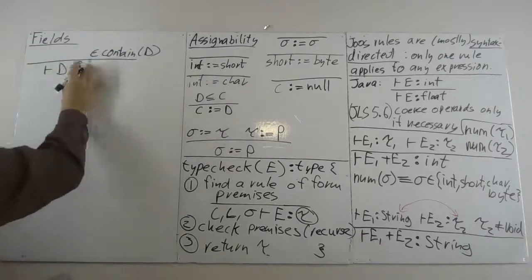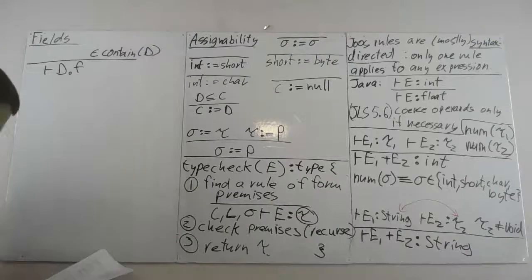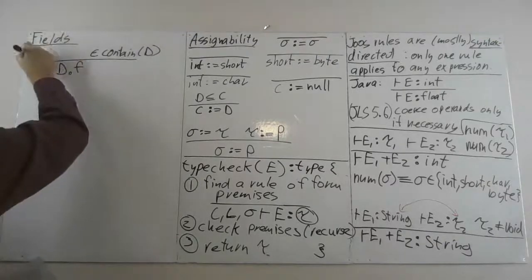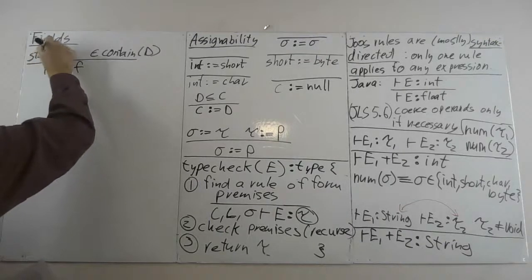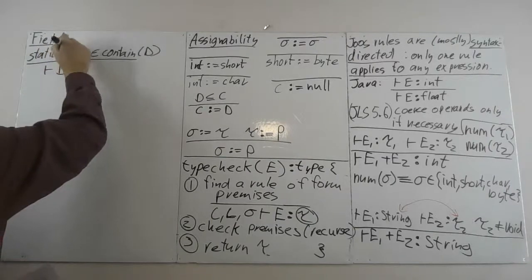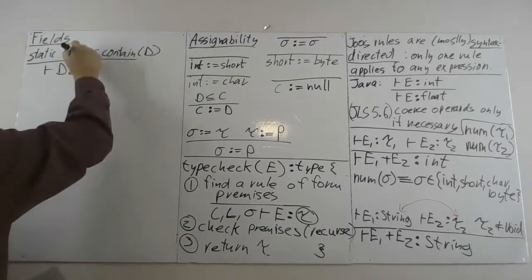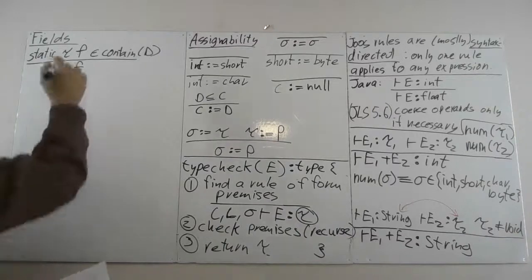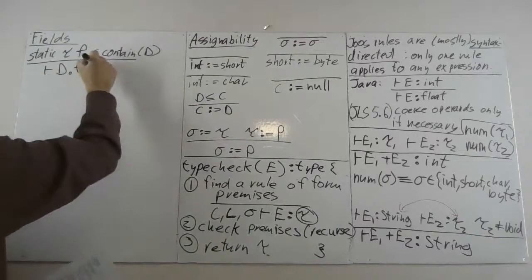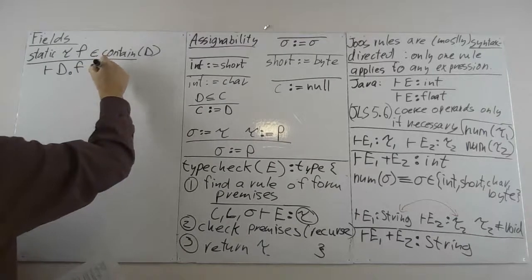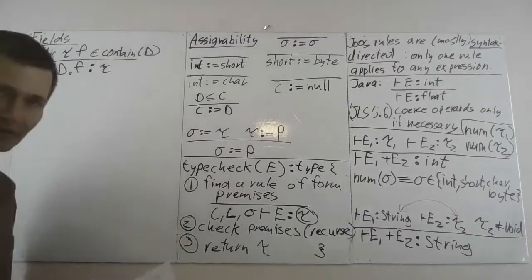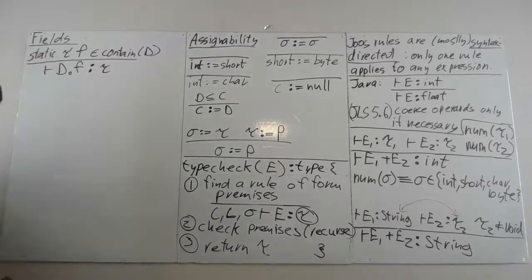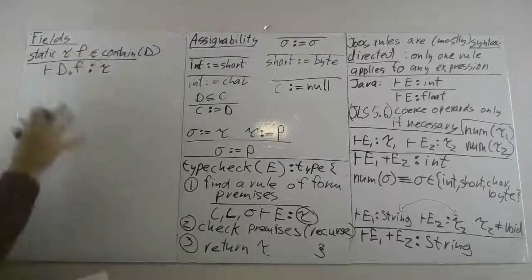So you're looking for a field in D named F, and it had better be a static field. You want a static field with a type declaration and the name F, and if you find that field, then the declaration tells you the type. So the type of the read is tau. All right, so that's for a static field.